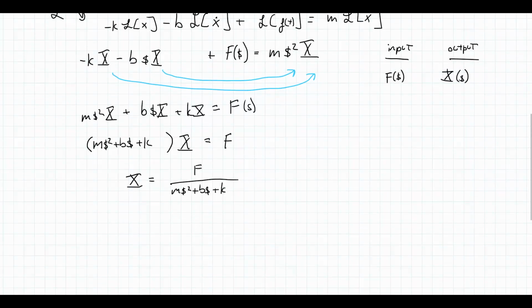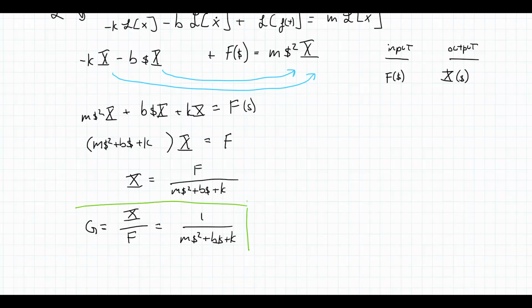So at this point, now I have G, which is generically what I call transfer functions typically, my output over my input, equals 1, since I divide through by F, over ms squared plus bs plus k. So this is algebraically at the moment the transfer function for this simple spring mass damper.